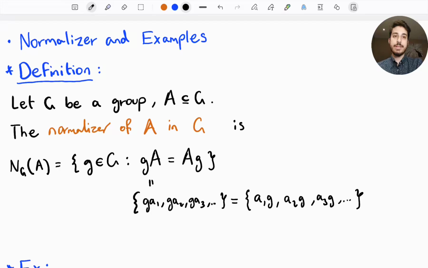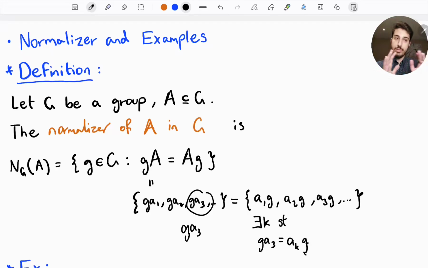So if I take G a3, for example, this one here, I am sure to find an element here. So there exists a k such that G a3 is equal to ak G. Essentially, that's what I'm saying, and the thing is true from the opposite direction.